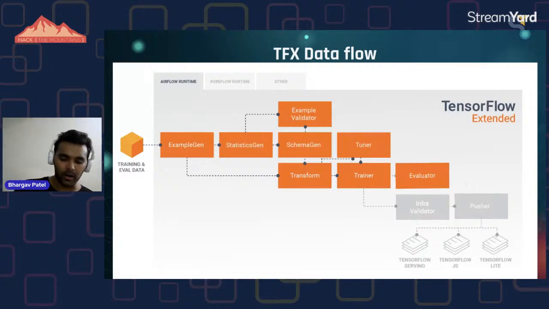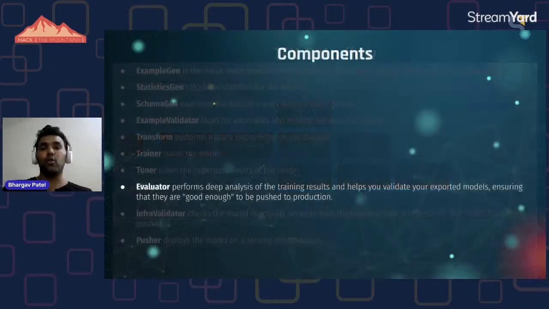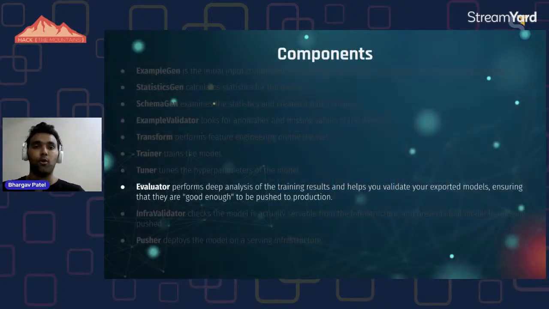Let's say your model has 10 features, and in each feature there are multiple categorical values which are repeating an even number of times. How your model will behave on each category of a single feature, it can give you that. So you can check how your model is behaving across the whole spectrum of your data set rather than overall.